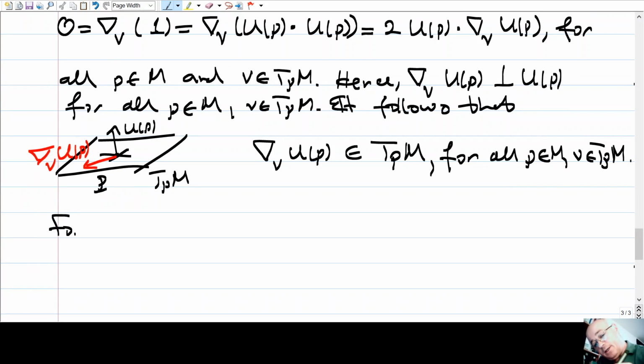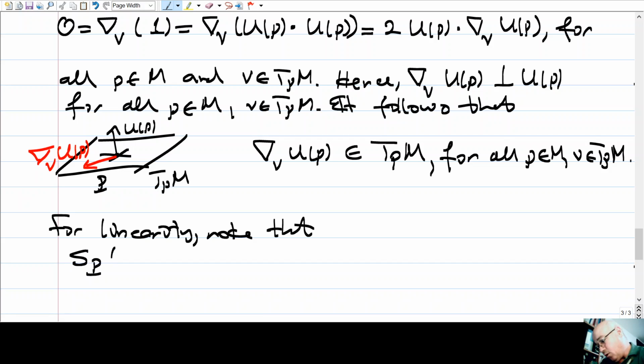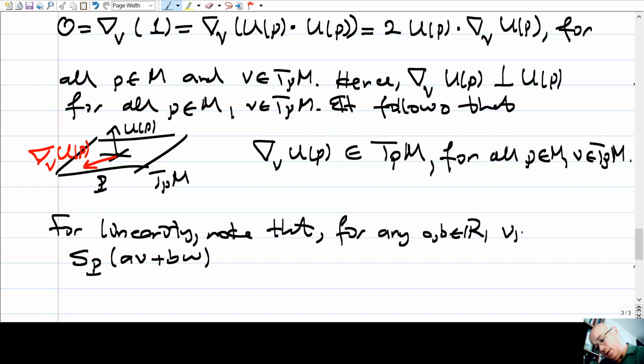For linearity, note that S_P of aV plus bW, for any a, b real numbers and V, W tangent vectors, we have this. What is this?